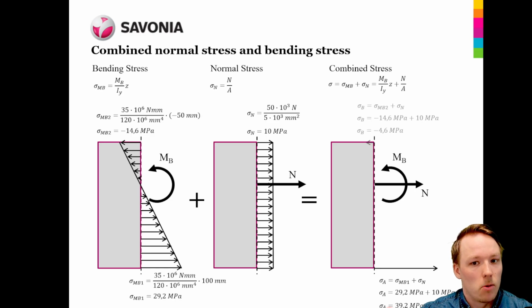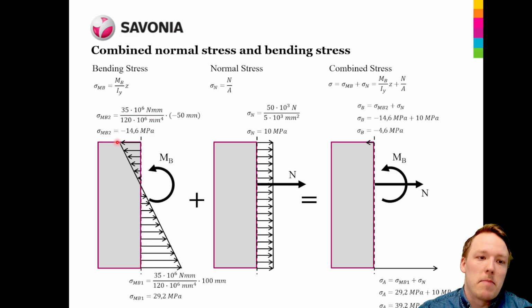At the top, however, the bending stress was negative, minus 14.6, and the normal stress was tensile, 10 megapascals. So when we add these two together, the total stress at the top of the profile is still compressive, but only minus 4.6.